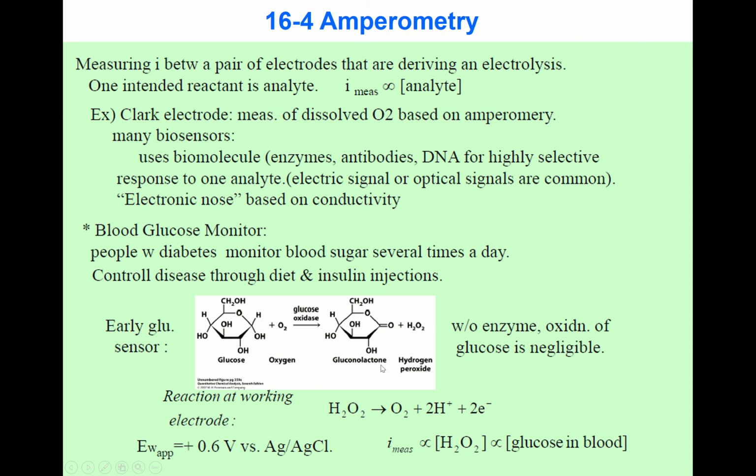That's the reason. But how do we know the concentration of glucose? The idea is to measure the hydrogen peroxide concentration, and then we can relate it to the glucose concentration. You understand?